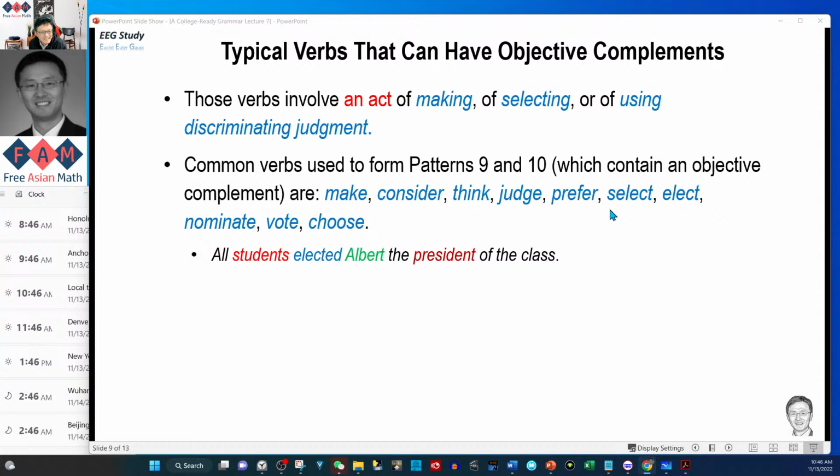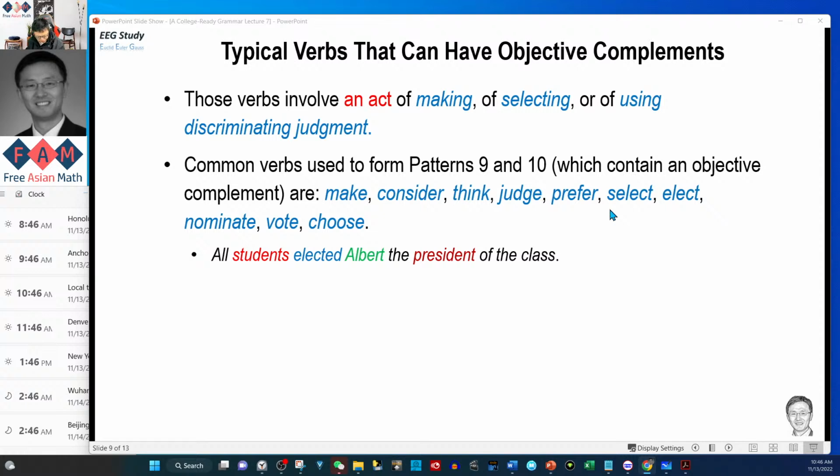But the meaning would be, compared to this version, incomplete, unless you have already said what the election is about. If you just say all students elect Albert, that's not a complete idea. Elect Albert what? We don't know what you're talking about. You have to put a context to that sentence, which is okay.